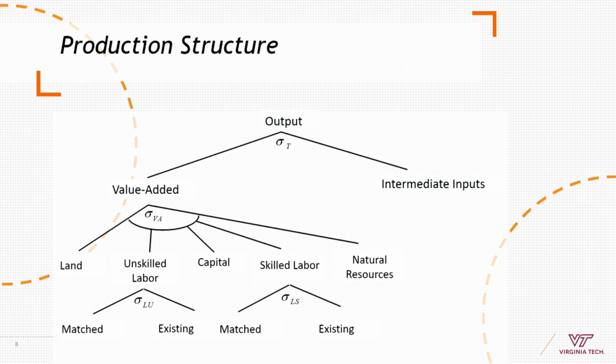All right. So now we've got this existing and matched. We need to modify our production structure just a little bit. So everything up here, that's just a standard GTAP structure. Now you've got one more CES nest down here, and so now there are some substitution possibilities between existing and matched.